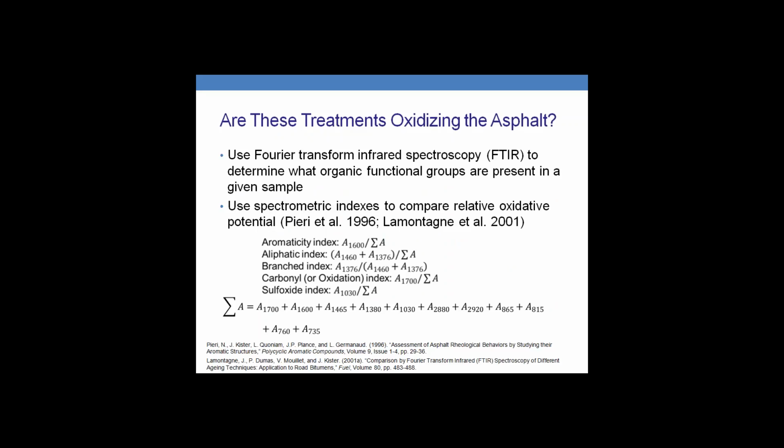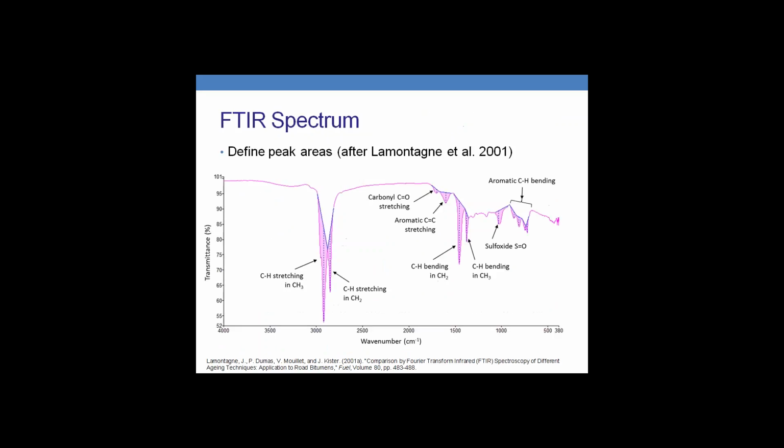In that method, we use Fourier transform infrared spectroscopy, FTIR. Once you shine infrared light on a sample, you excite these various bonds. For example, here's an FTIR spectrum, and at this frequency, we excited the CH stretching.